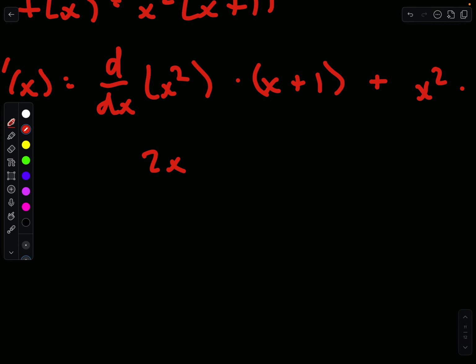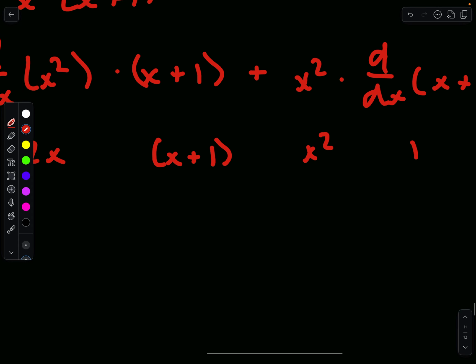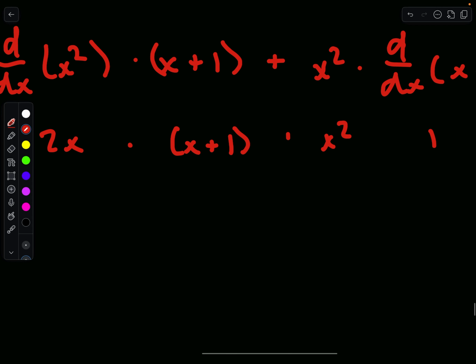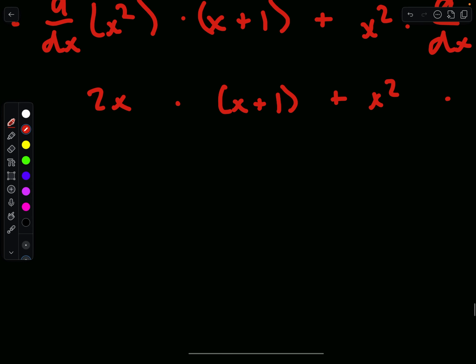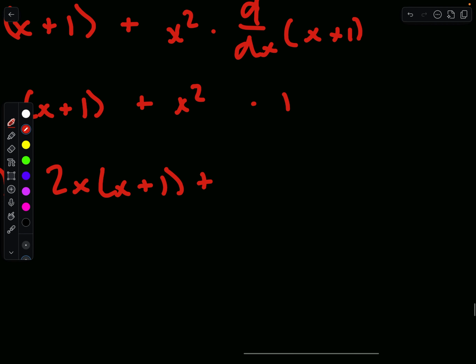Simplifying this, it's 2x, this is x plus 1, this is x squared, and this is 1. So simplifying it all together gives f prime of x equals 2x times x plus 1 plus x squared.